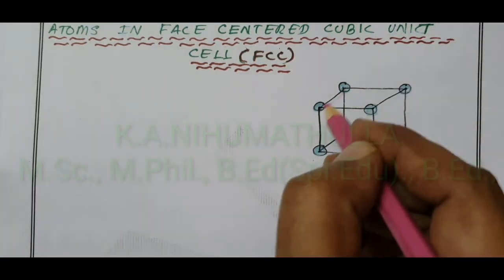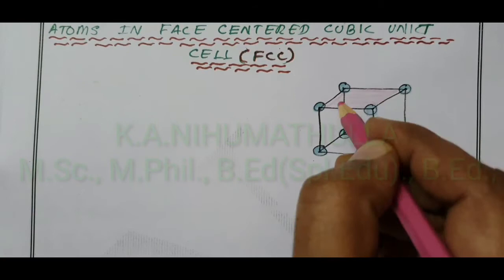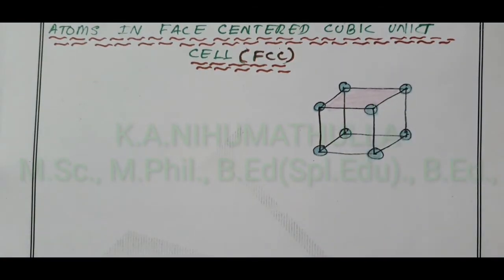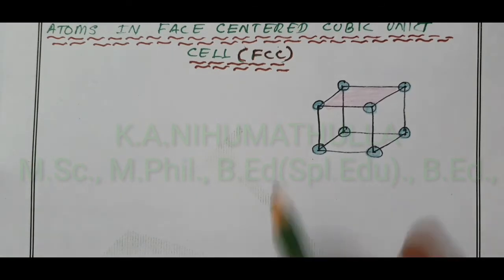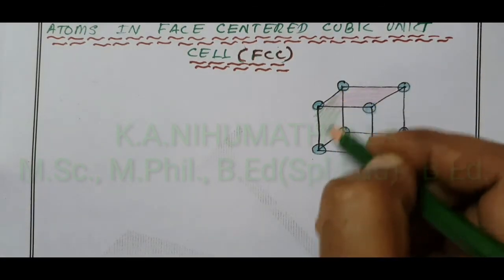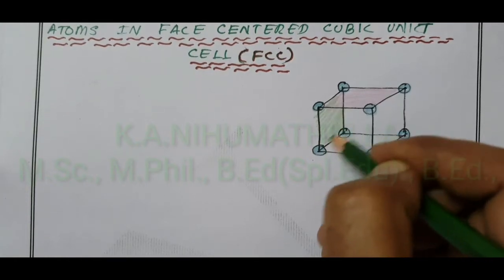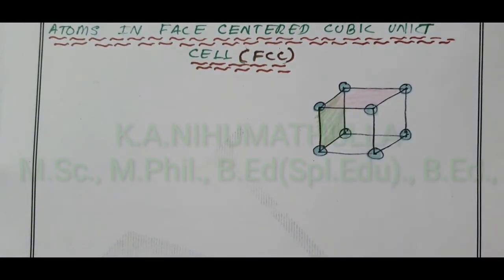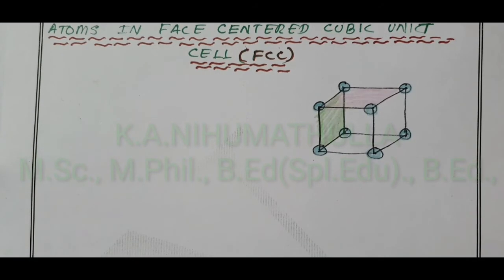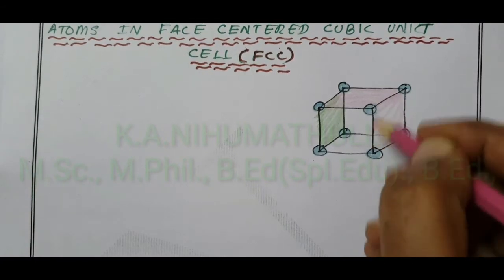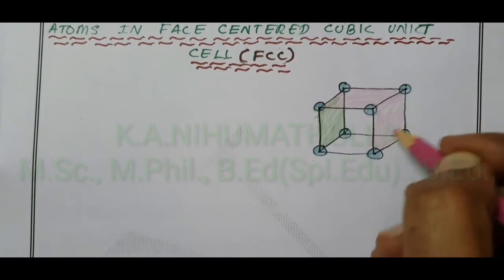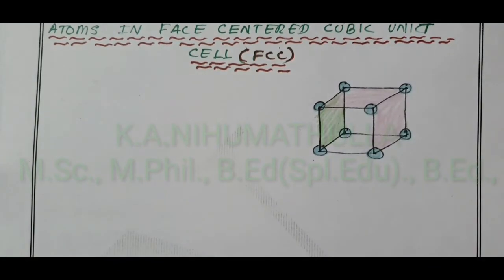Before writing the face centered atoms, to know exactly where the atoms are present, I have shaded some of the faces. This is used to easily distinguish the atoms which are present at the center of faces. Now you know there are 6 faces in a unit cell.